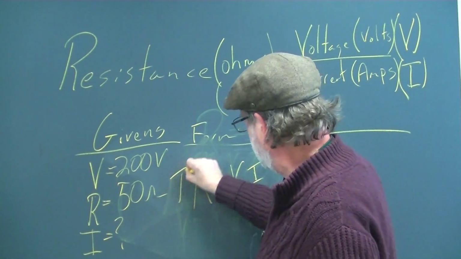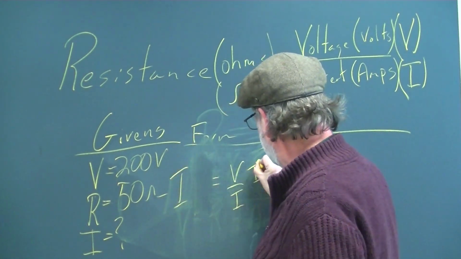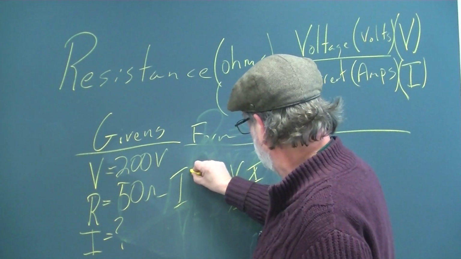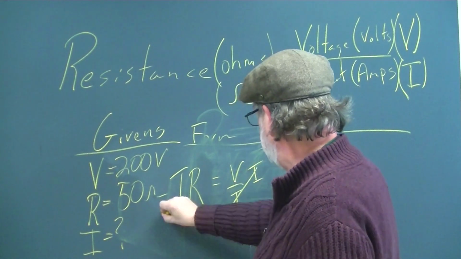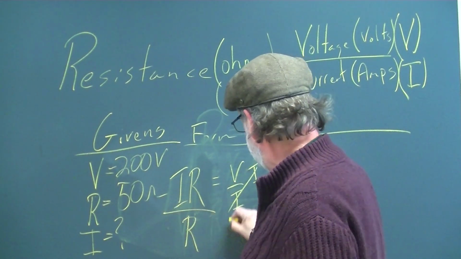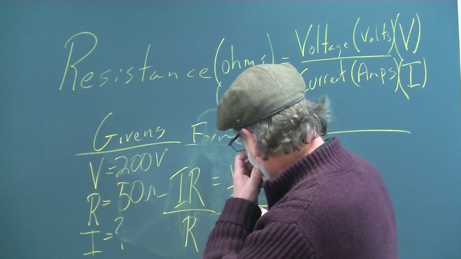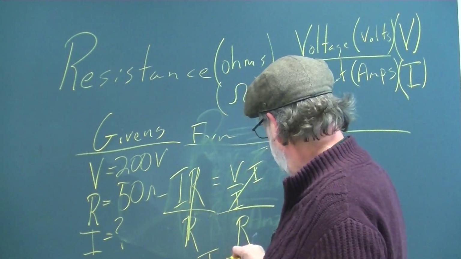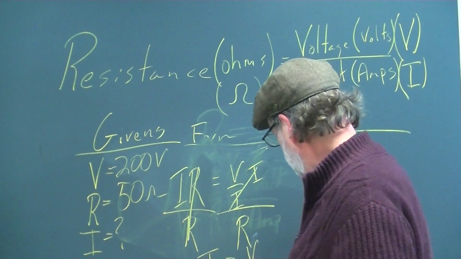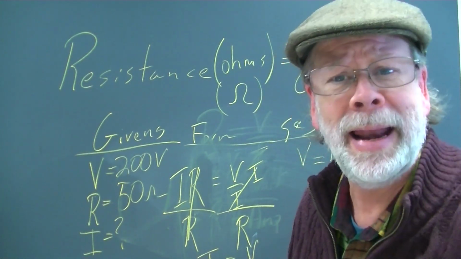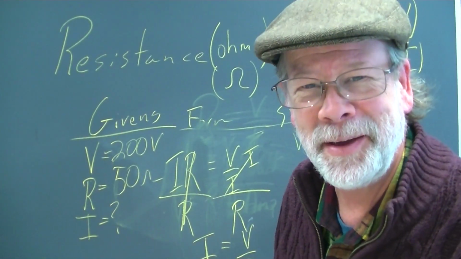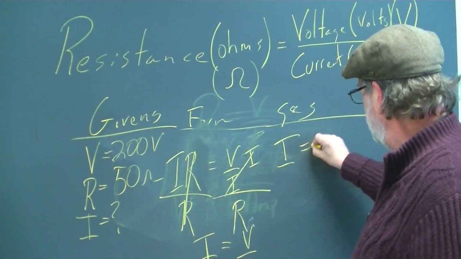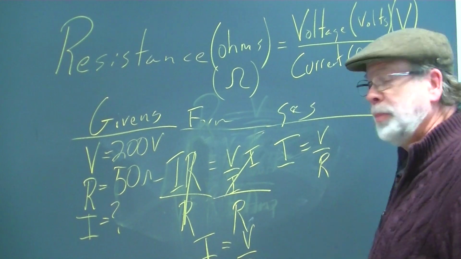Multiply both sides by I. IR equals V. And now if we get rid of the R, I equals V over R. Let's be more careful as we do that, shall we? So we have current equals volts divided by resistance.